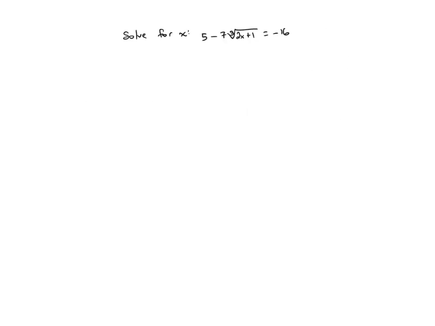Next problem, very similar, but this time, instead of being a square root, we have a cube root. The process starts off the same. Isolate the radical. And then, still isolating the radical.